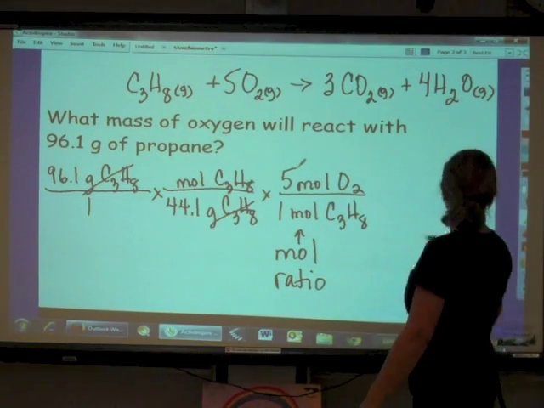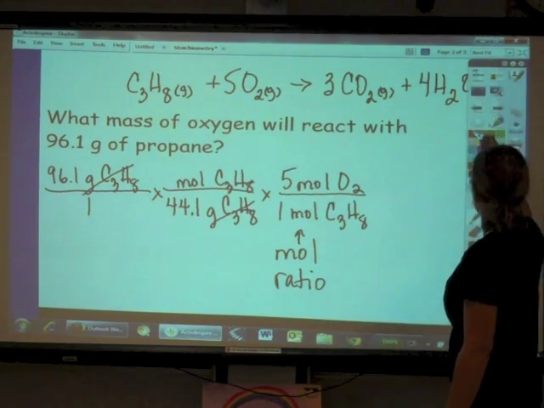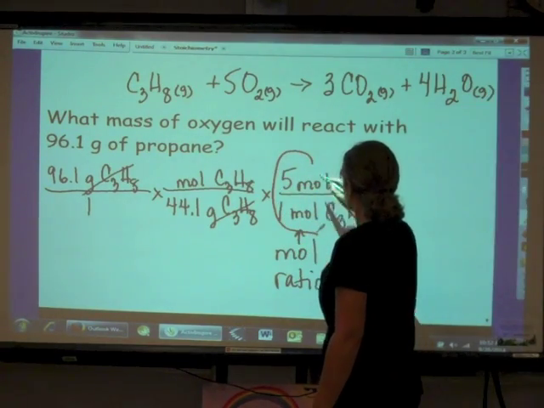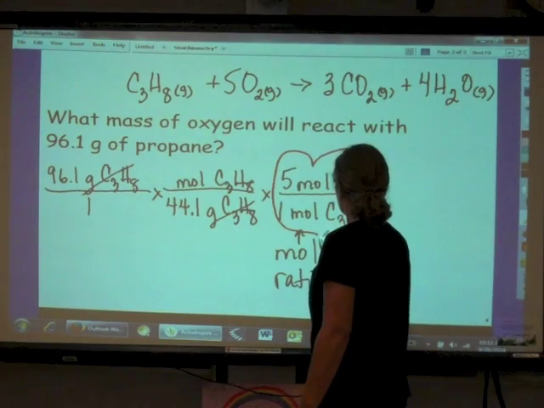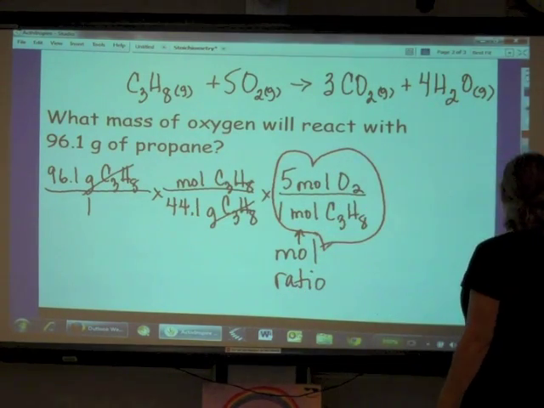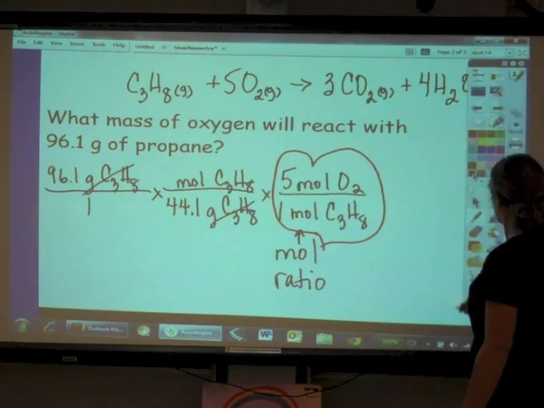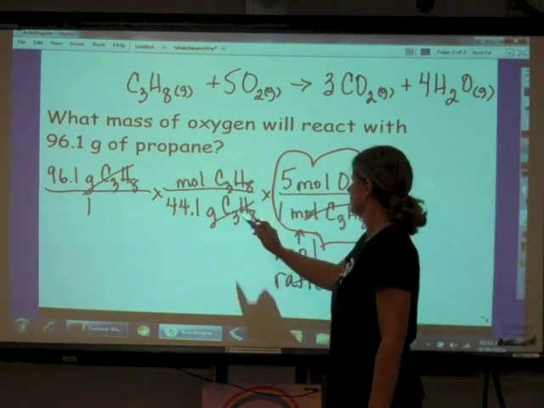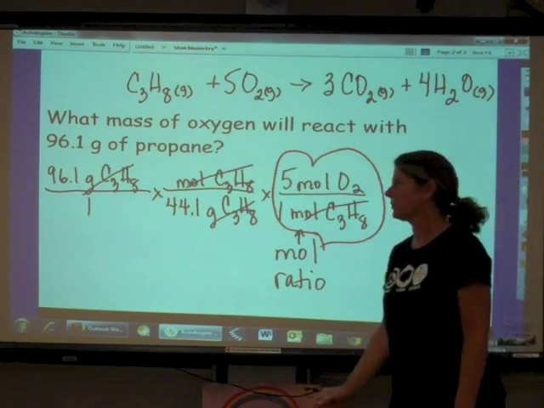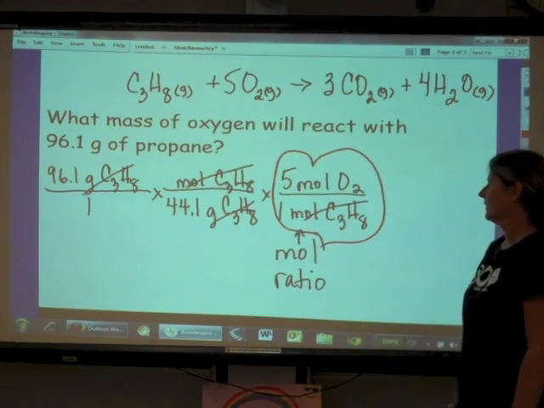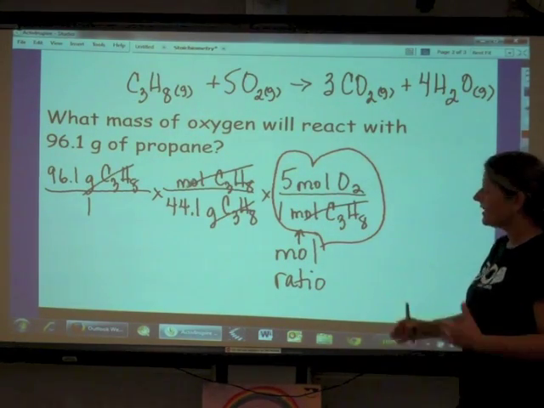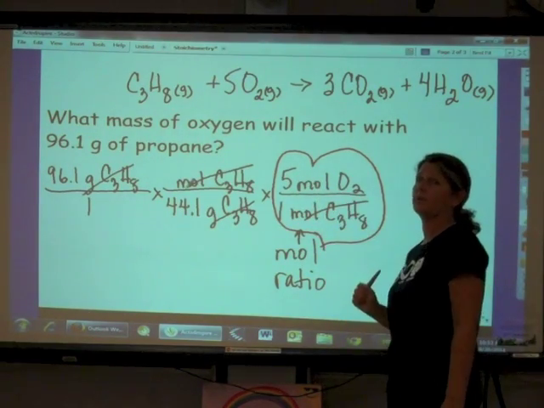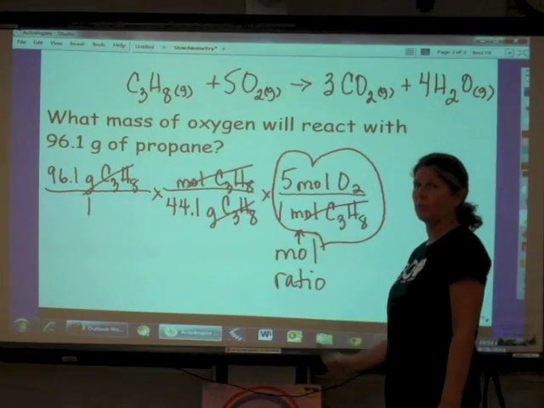So now, with the heart of my stoichiometry problem in place, I can cancel my moles of propane. Now, suddenly, I've converted to moles of O2 via my mole ratio.